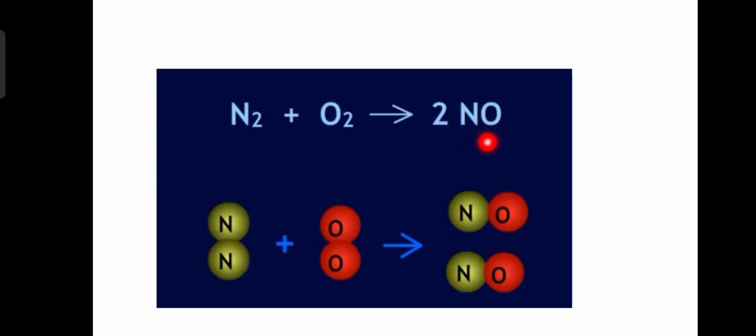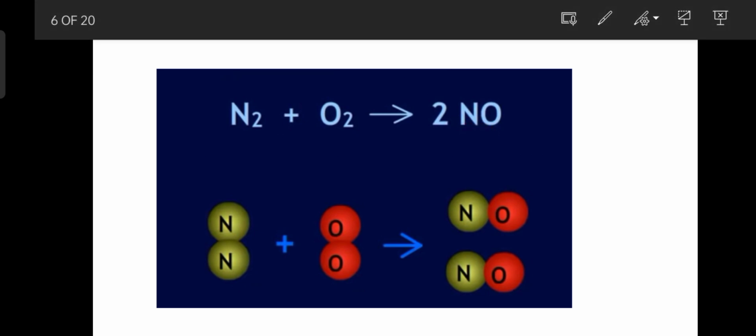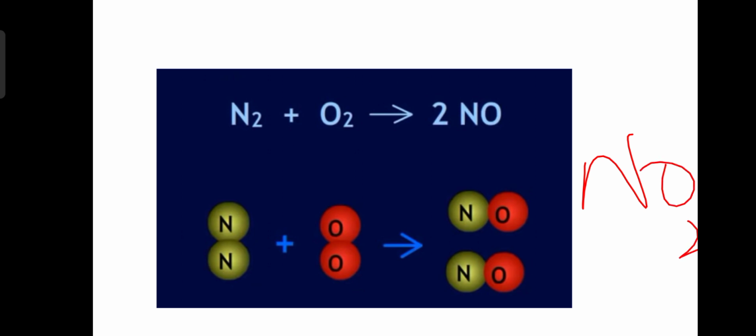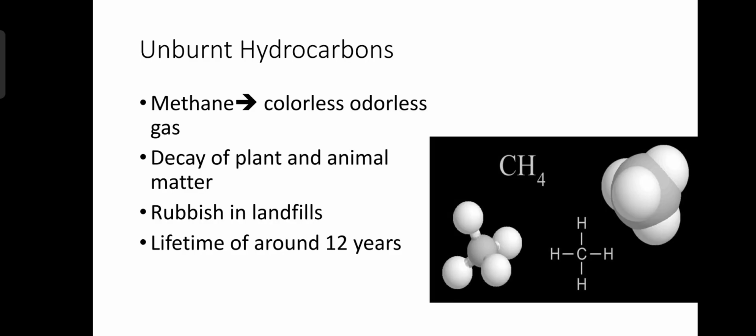One atom of nitrogen and one of oxygen is nitrogen monoxide, and NO2 is nitrogen dioxide. Both these oxides of nitrogen are harmful and can cause air pollution.